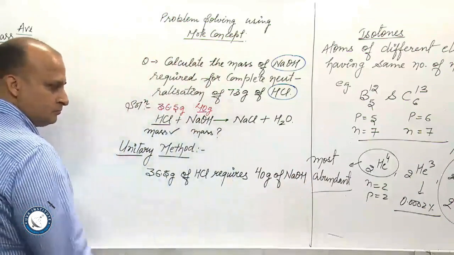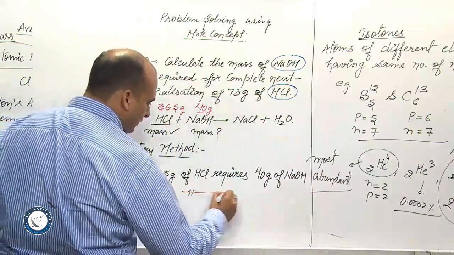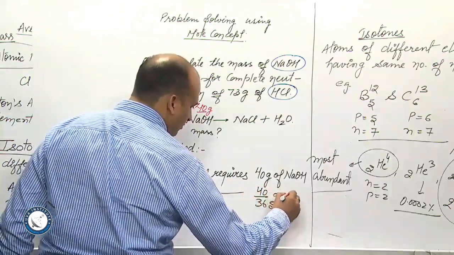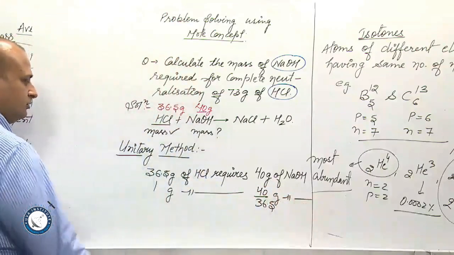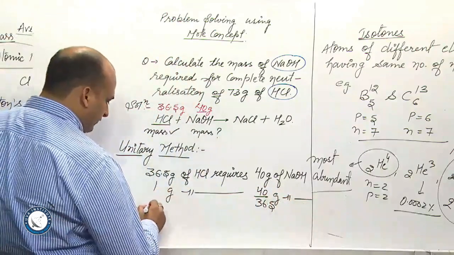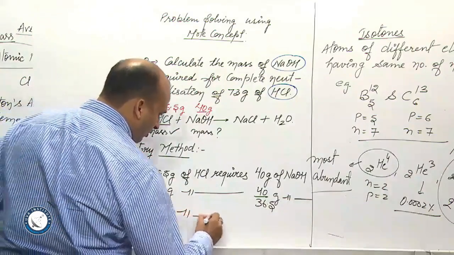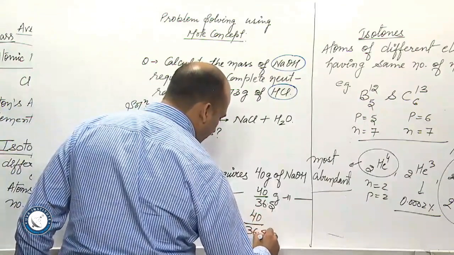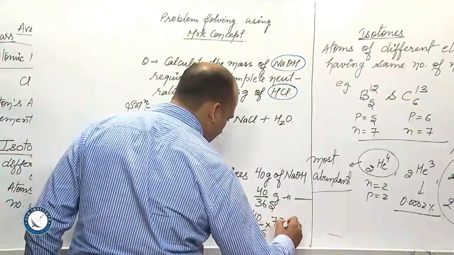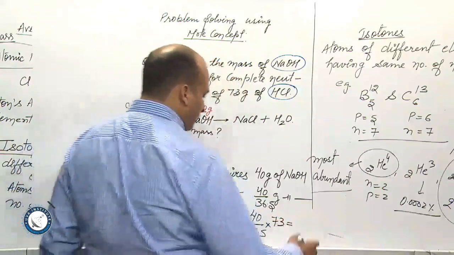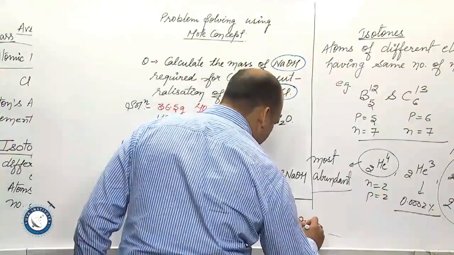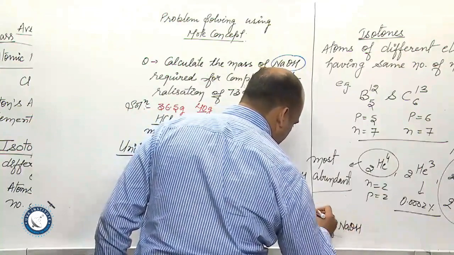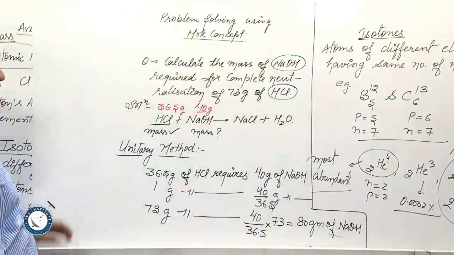Okay. So 1 gram of HCl requires 40 by 36.5 grams of NaOH. So 73 grams of HCl would require how much? 40 divided by 36.5 into 73 is equal to 80 grams of NaOH.